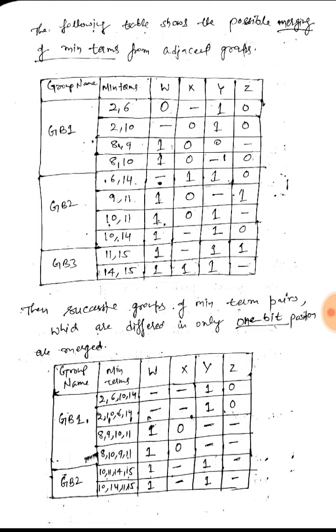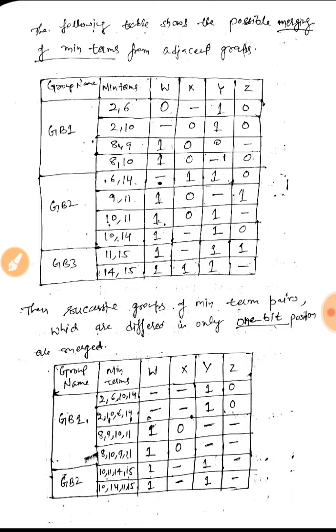There is only one change, that of x, so at that place I will put a dash sign. Similarly in minterms 2 and 10, I would have the change in w only, and the rest of the things are the same. Similarly in 8 and 9 I would have a change of 1 bit at z, and in 8 and 10 this change is at y.